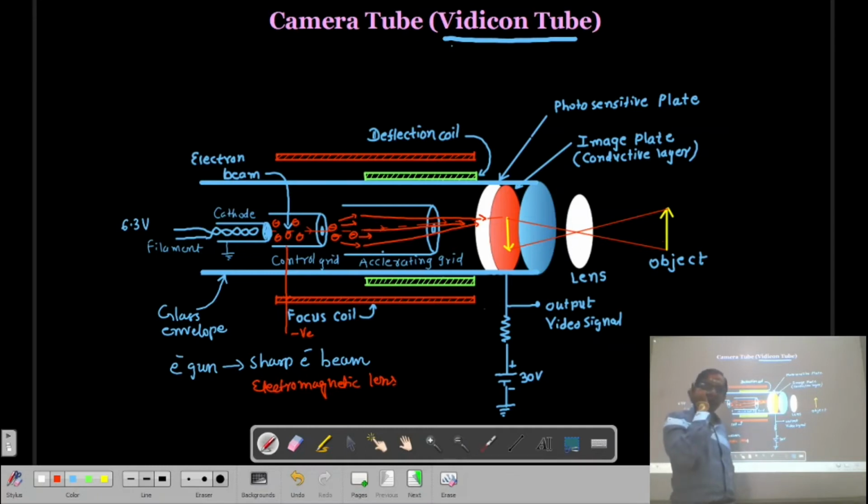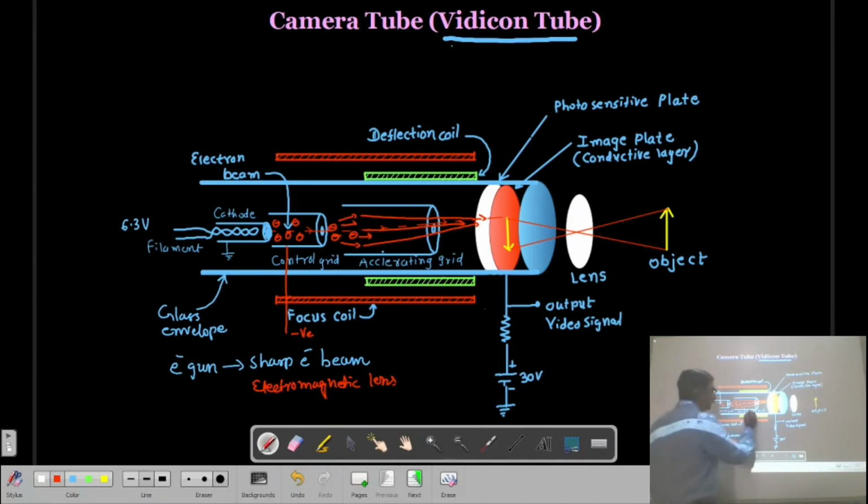Now when we accelerate, the energy of the electron also increases. So when this electron beam strikes the image plate or the photosensitive plate, it must have sufficient energy. Otherwise, it will not produce the current. This energy of the electron beam can be gained when it passes through the accelerating grid.